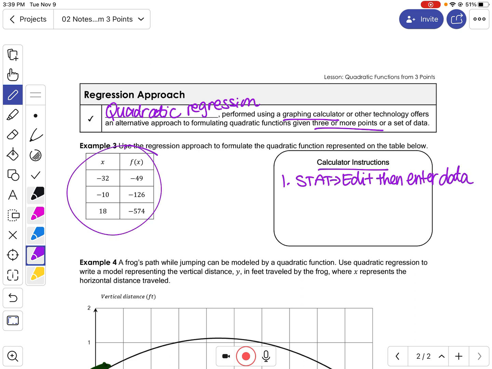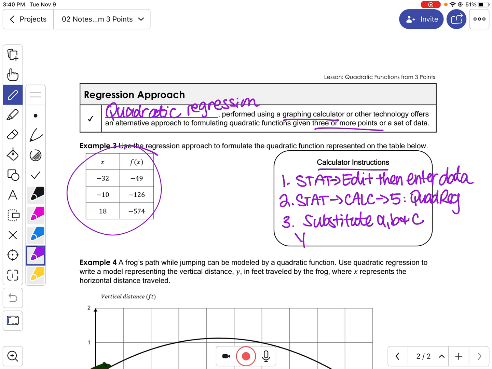Your second step is to go back to Stat, go over to Calc, and go to number 5, which is the quadratic regression. And then the third step is to substitute in for your A, B, and C into your standard form.